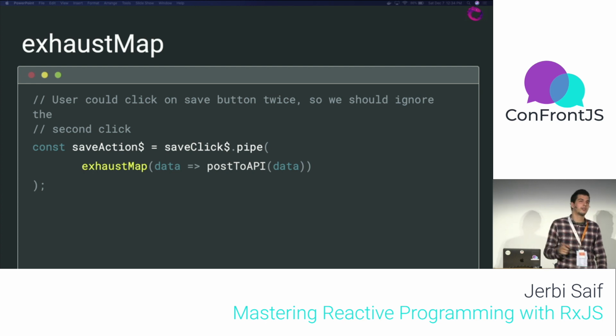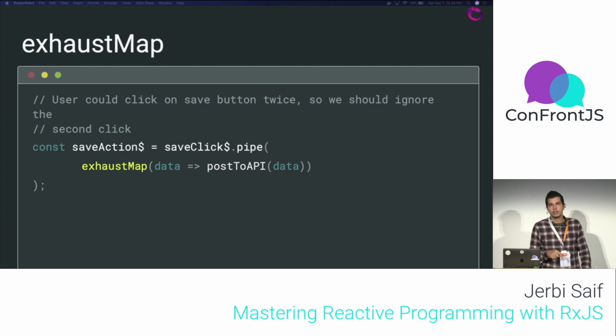I will not use switchMap here, but I will use another operator: exhaustMap. Why am I using exhaustMap? Because if the user clicks twice on the save button, I don't want to send 2 requests to my backend, and I don't want to cancel my previous request, the first request that was sent.